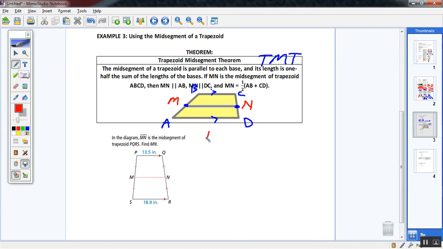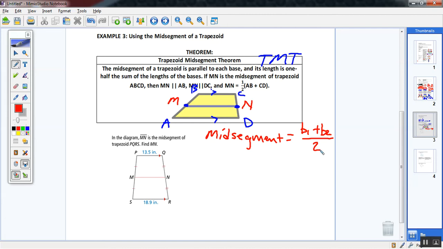Mid-segment length is going to equal base 1 plus base 2, the two sides that are parallel, divided by 2. It's going to be the average of them. I remember the example I used in the vocab. If I said the top is 10, the bottom is 20, what do you think the middle length is going to be? You said 15, right?